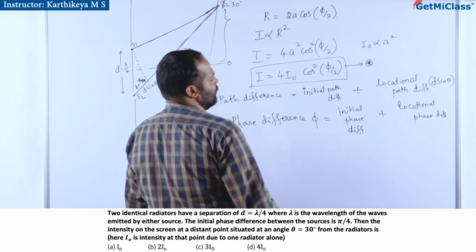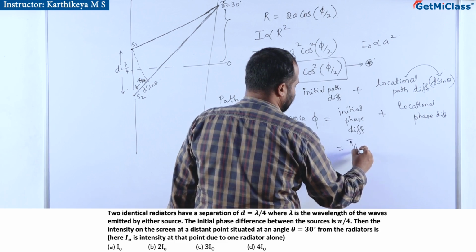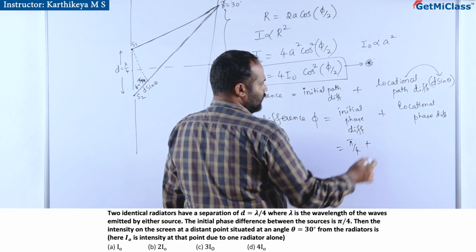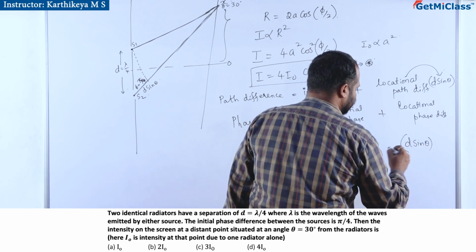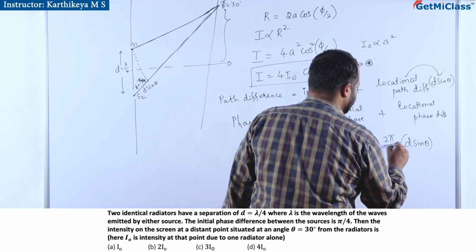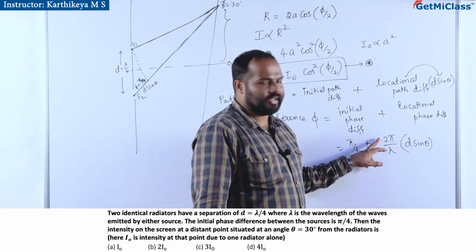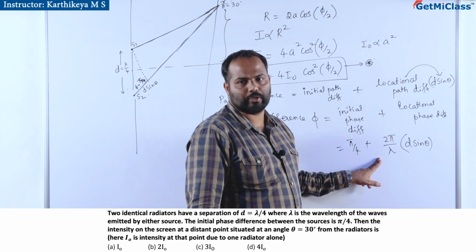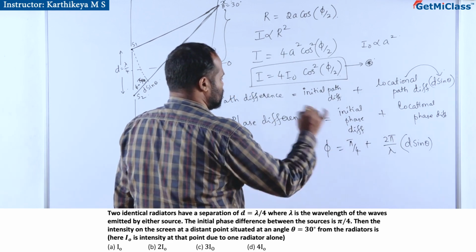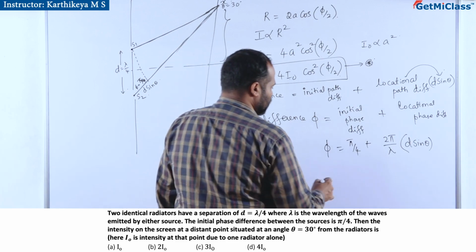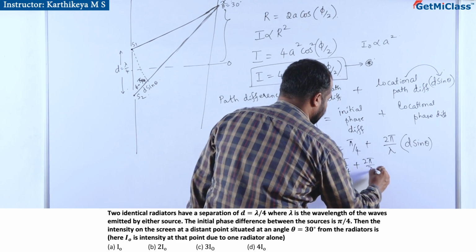Initial phase difference is pi by 4 plus the locational phase difference. If you multiply the path difference by 2 pi by lambda, it becomes phase difference phi. So now phi is equal to pi by 4 plus 2 pi by lambda.